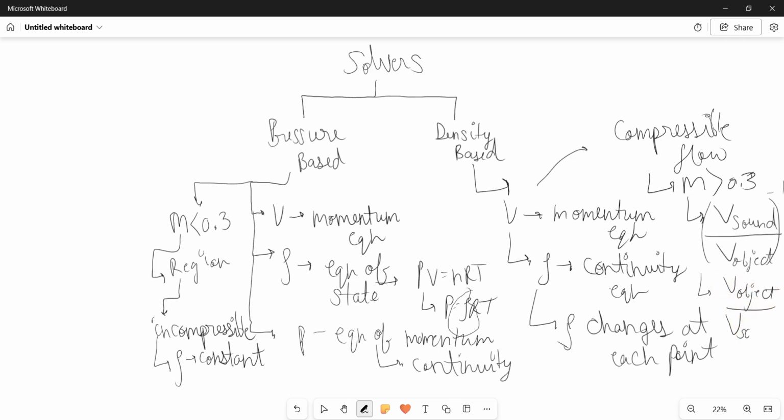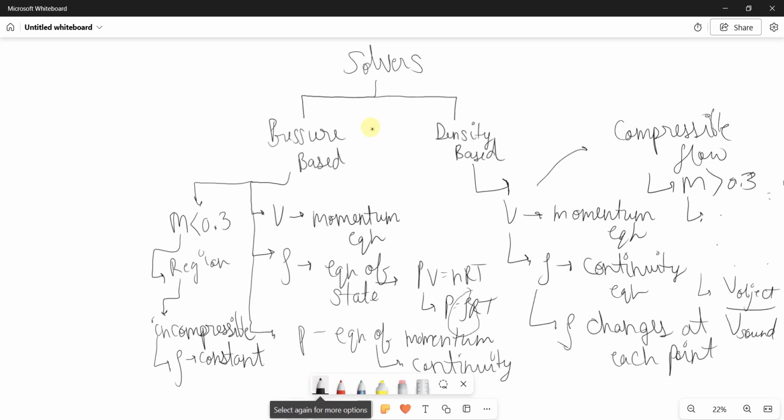So that is your Mach number. If it is greater than 0.3, it's under the compressible regime, and if it is less than 0.3, it's mostly under the incompressible regime. And that is where you get a differentiation between these solvers or the methods used.